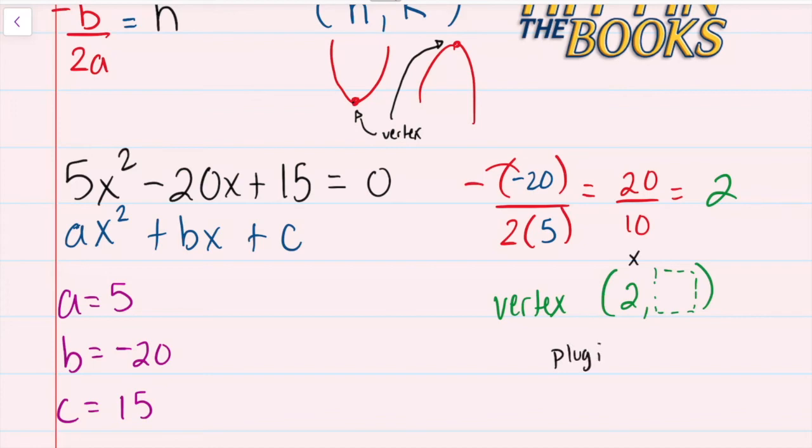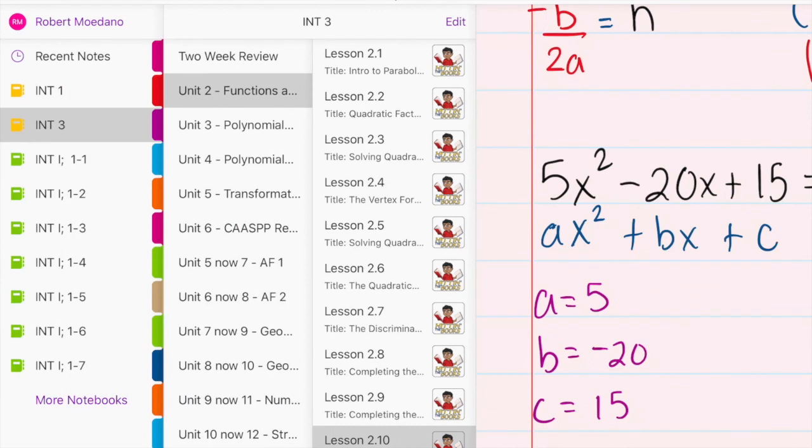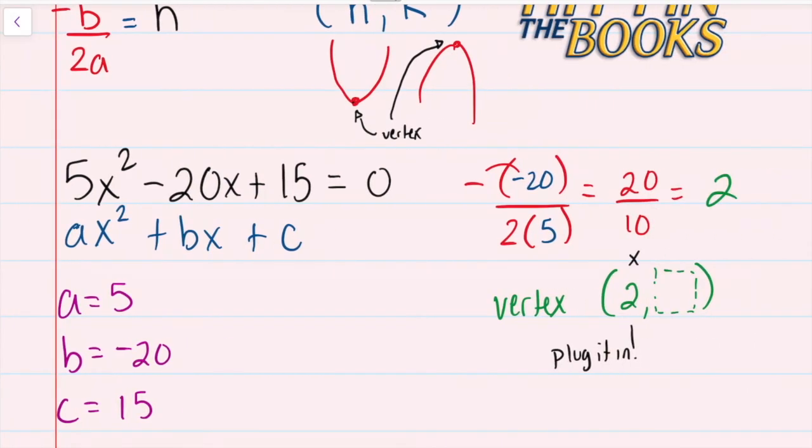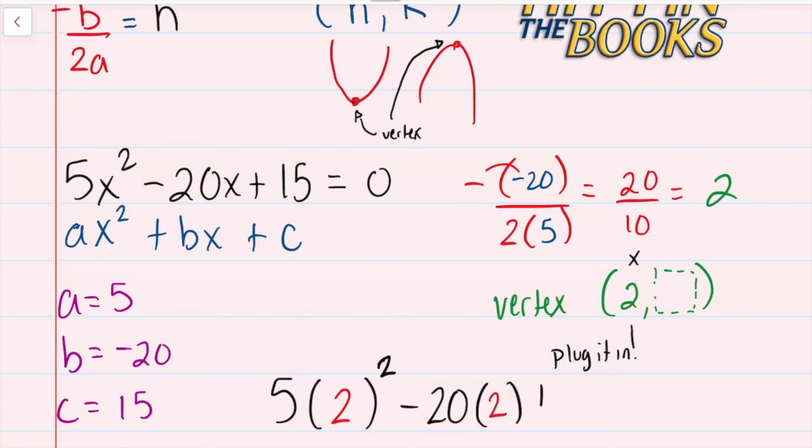Here we go. So we have 5 parentheses. What goes here, guys? What's my x or h? It's a 2. Don't forget it's 2 squared. 2 squared minus 20 parentheses, that's another 2, parentheses plus 15 equals 0.